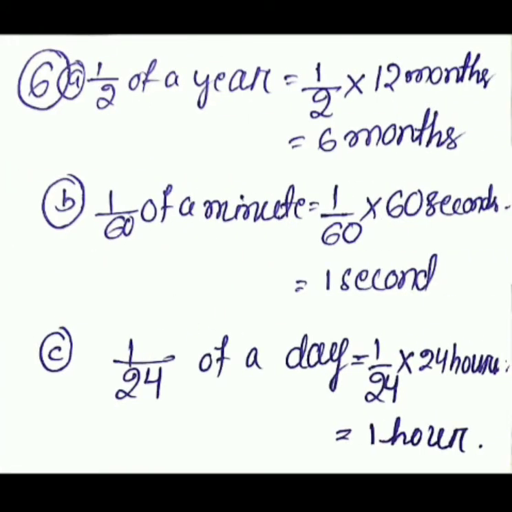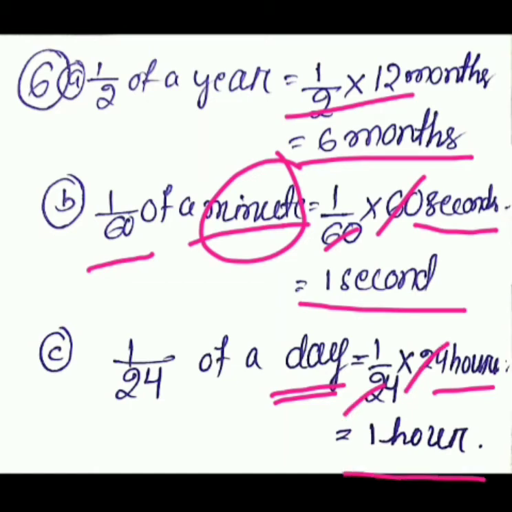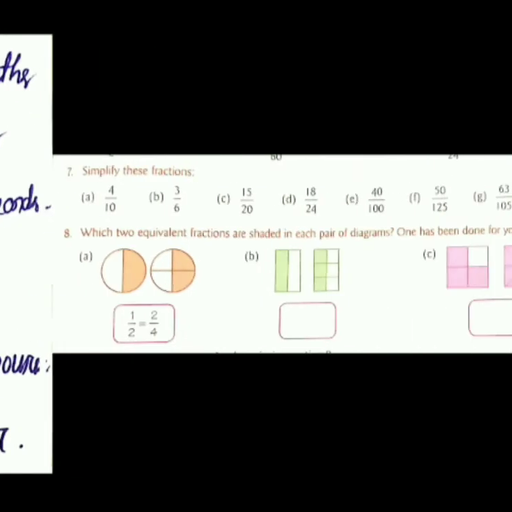Half of a year, that means half of 12 months, you will get 6 months. 1 by 60 of a minute, that means 1 by 60, 1 minute equals 60 seconds. 60 and 60 will cancel out, you will get 1 second. 1 by 24 of a day means 24 hours, okay? 24 and 24 will cancel out, you will get 1 hour, okay?